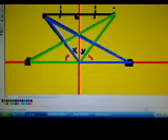Now before, since these two triangles right here were congruent, these sides here are also congruent.